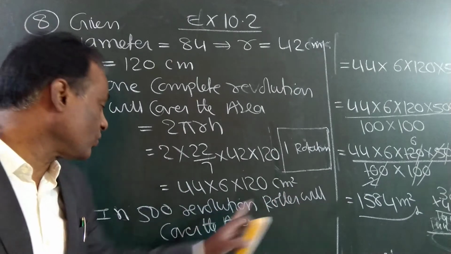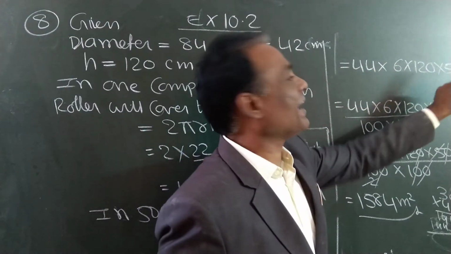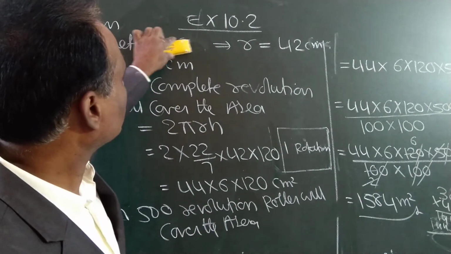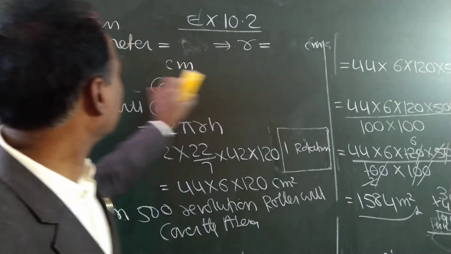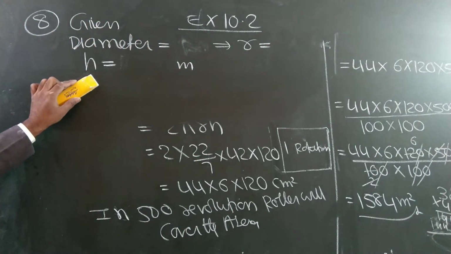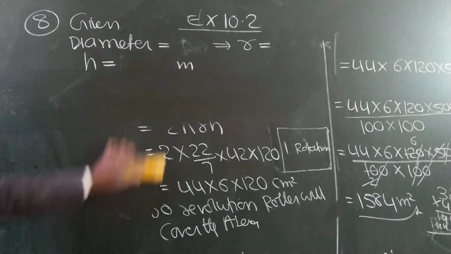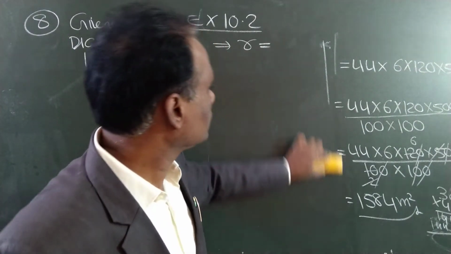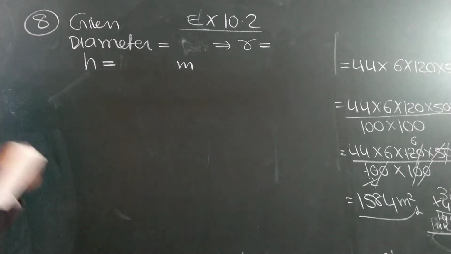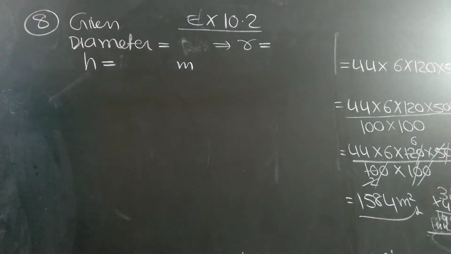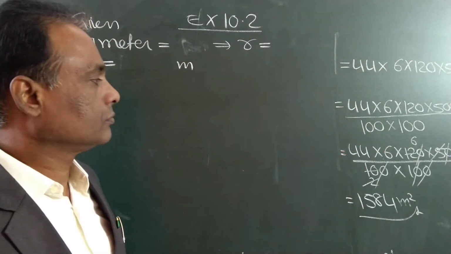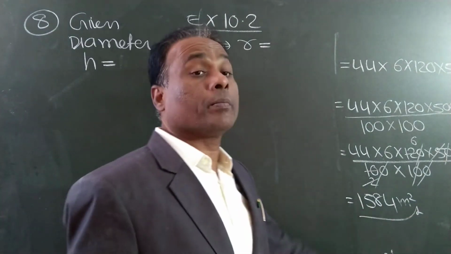In 500 revolutions, the roller will cover this area into 500, 500 times. The answer is 1584 meter square.